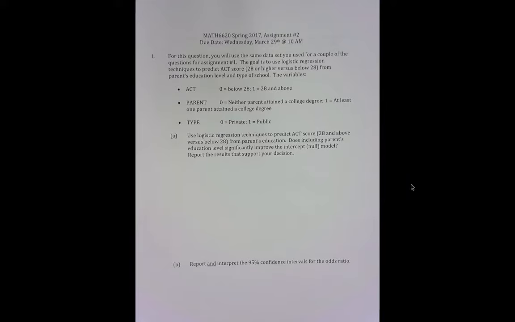So the first thing I'd want to do here is create a null model using GLM, ACT as a predictor of a constant only, and the family is binomial. Now, I could do summary of the null, but that's not interesting to me. Now what I want to do is change this.